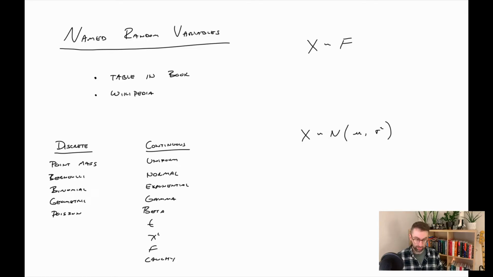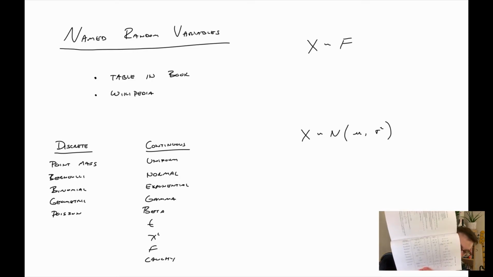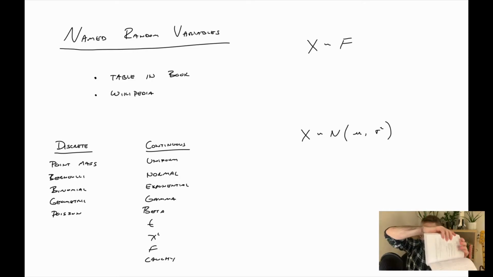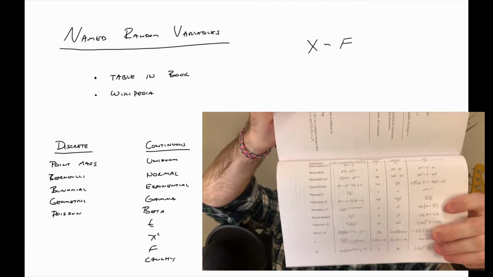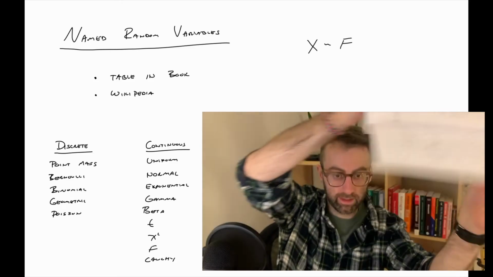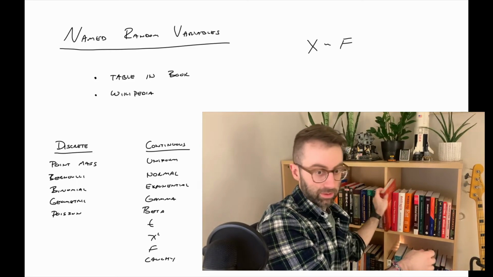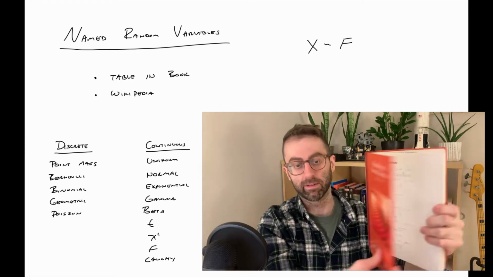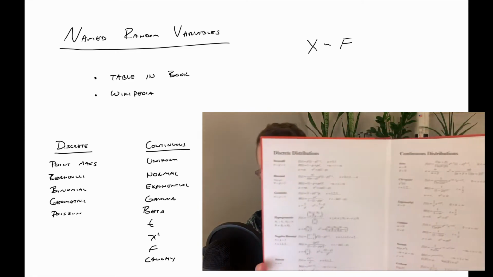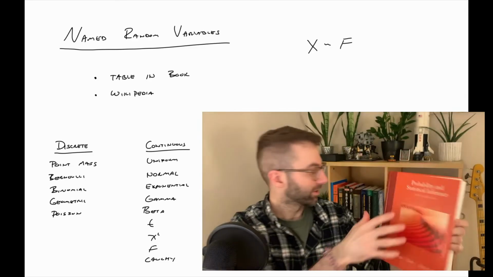So a lot of times a textbook in probability and statistics will have a table that looks maybe something like that. Let's pull a few other random books. I think Hogg and Tanis has it right in the front cover, like this. I'm very bad with mirrors.